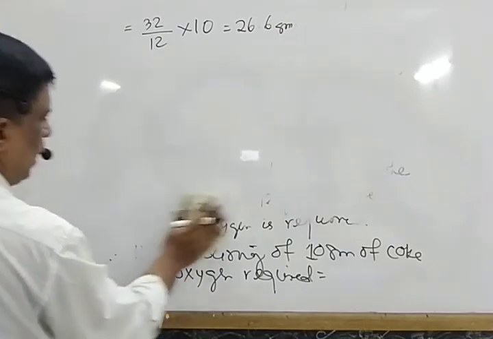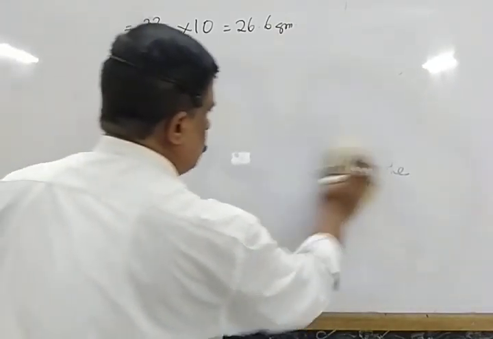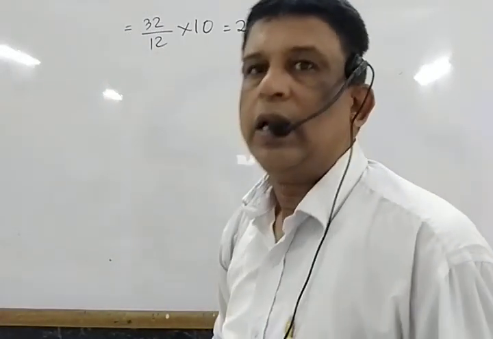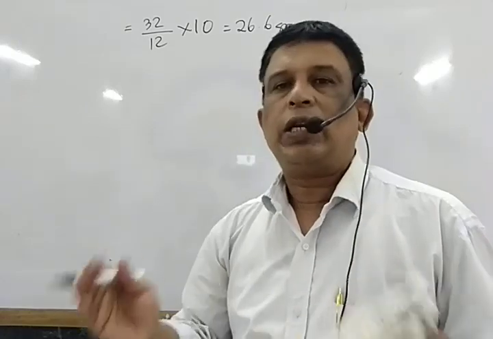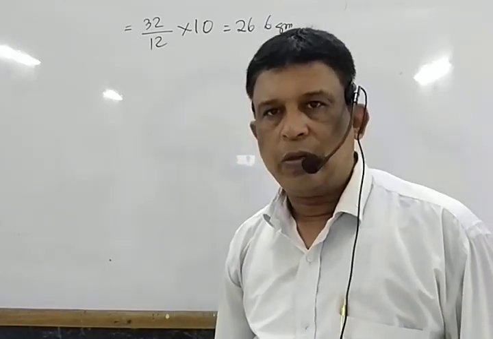Next, we write the required expression for decomposition of potassium chloride to liberate oxygen. Next we represent the equation for liberating oxygen from potassium chloride.